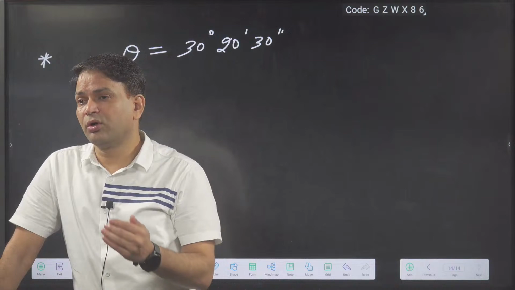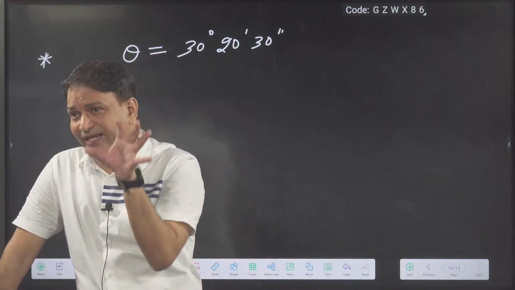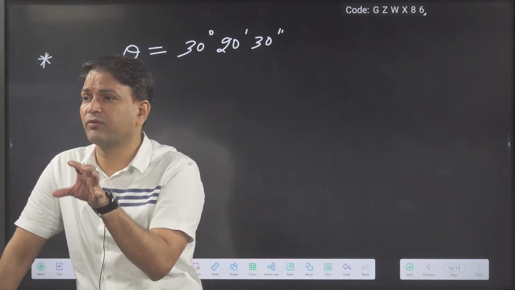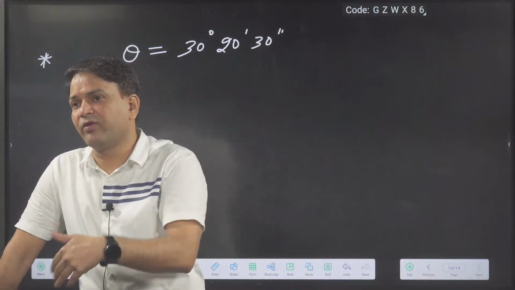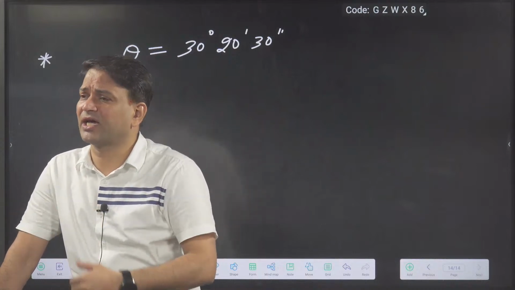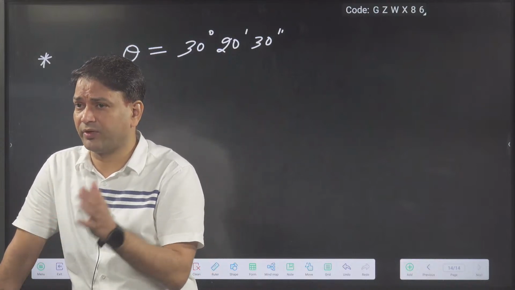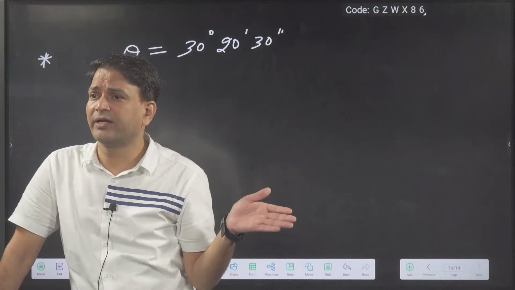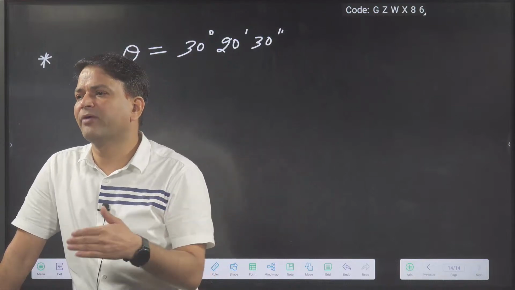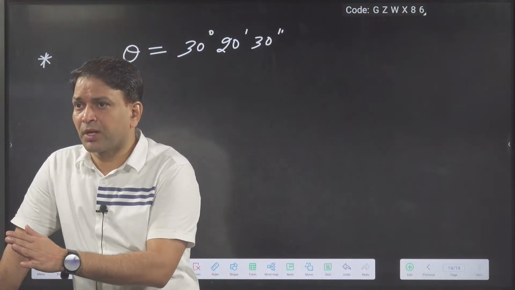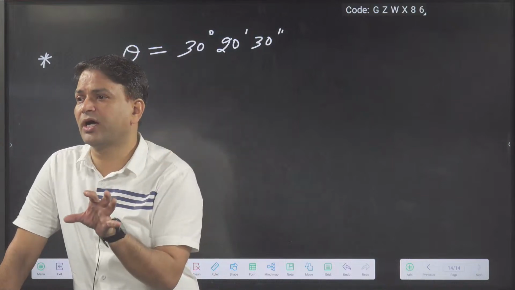So first we have to convert this whole angle into the degree. Then we will convert into the radian, because directly radian relation we have. If we have the angle in the degree, then we will multiply with pi by 180. Then you will get in radian. But first we need whole angle into the degree.